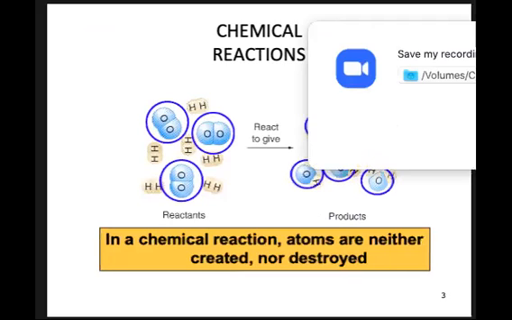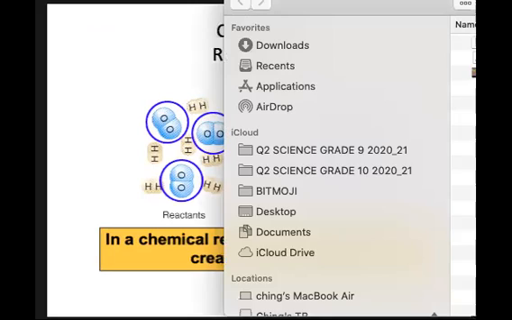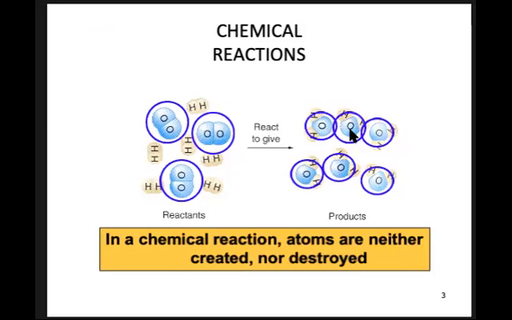So in order for the chemical reaction to take place, atoms are neither destroyed nor created, which means whatever elements are present on the reactant side, we have hydrogen and oxygen, should also be present in the product side. Okay, so take a look at the sample illustration that I have here.